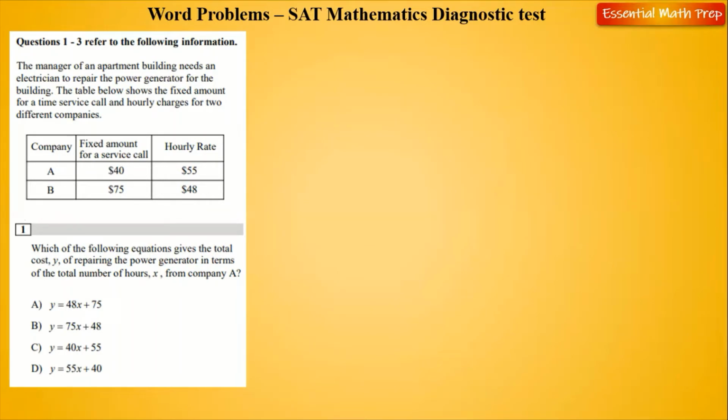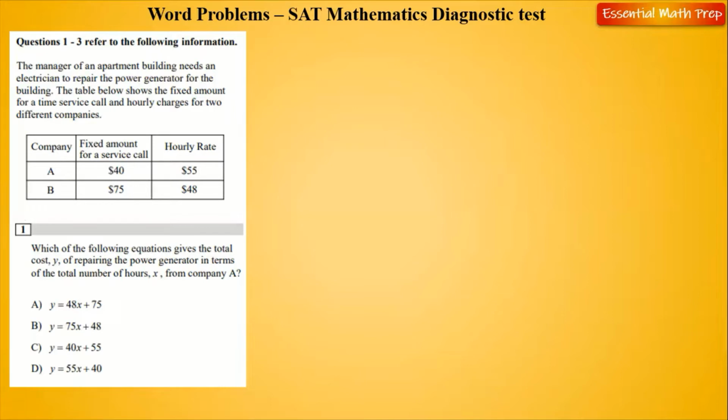Questions 1 through 3 are based off of the same idea. So I've shown the table in the next 2 slides as well. The question states the manager of an apartment building needs an electrician to repair the power generator for the building.